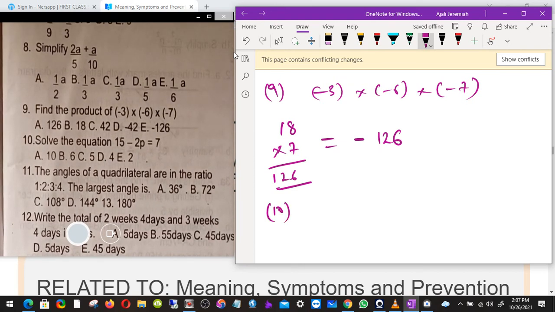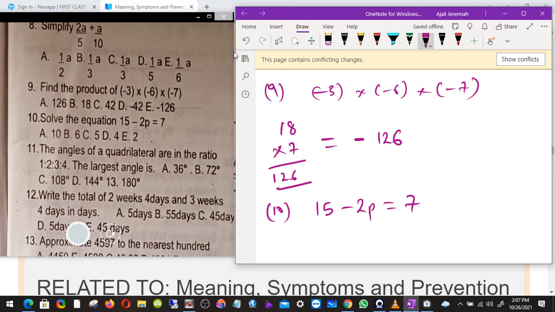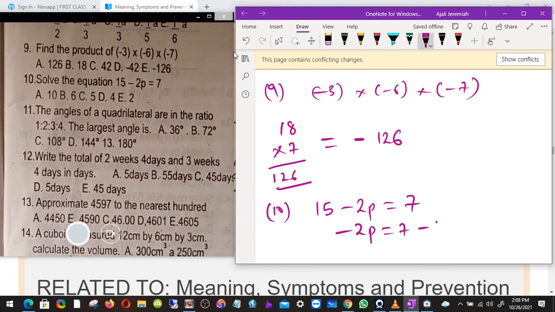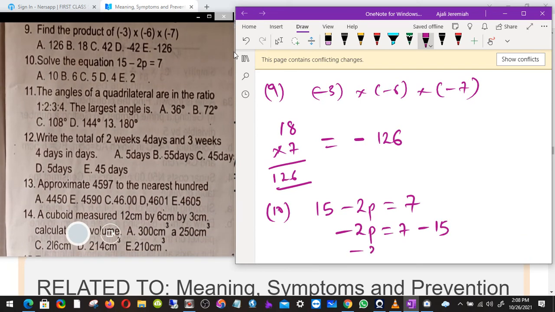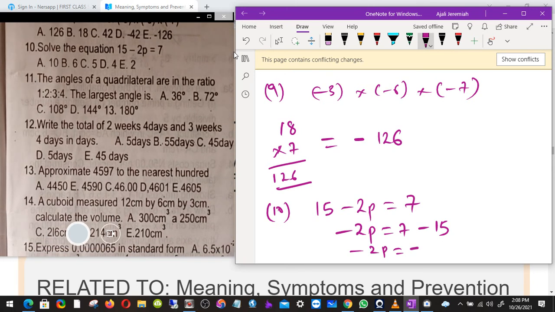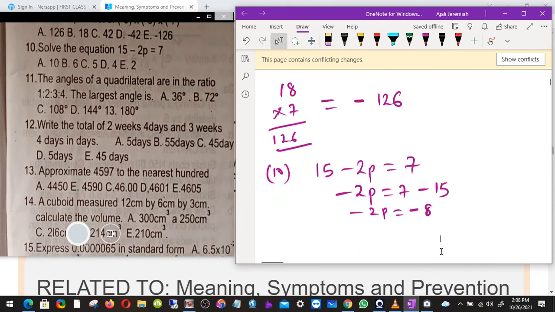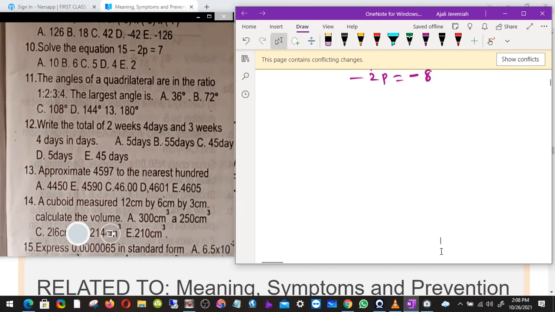Number 10, please. Yes, 2p is equal to 7. Carry 15 over. 2p equals 7 minus 15. Minus 2p equals minus 8. Divide both sides by. If you are not talking, you are wrong.